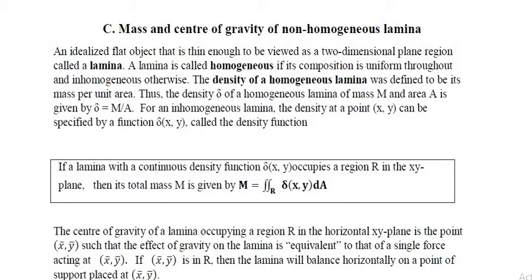So the total mass will be given by mass is equal to double integral over R delta of x y into dA, where delta of x y is the density function. So once again, mass, which is represented by capital M, is equal to double integral over R delta of x y into dA.